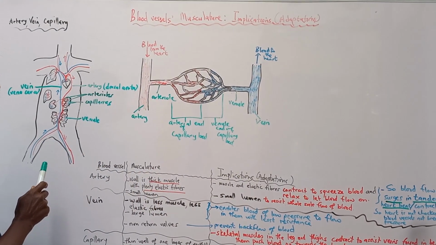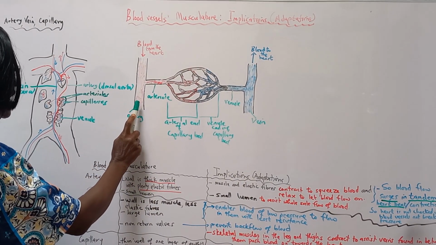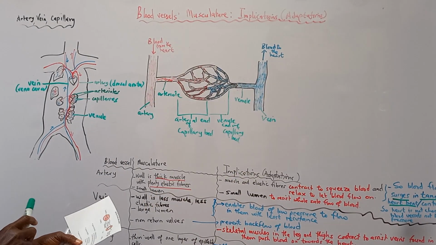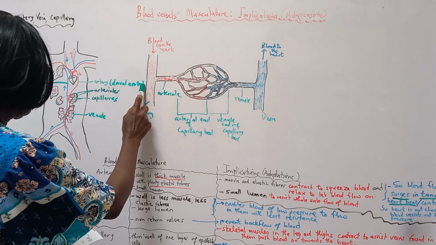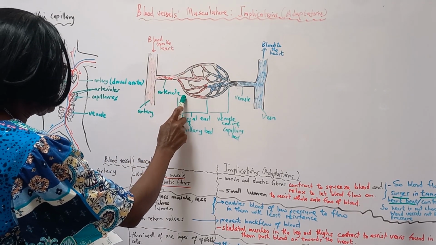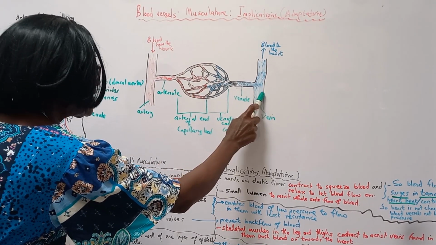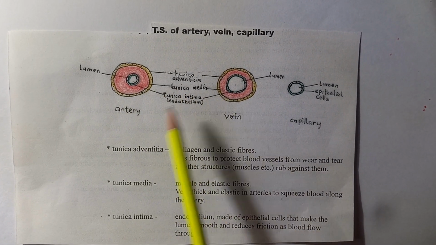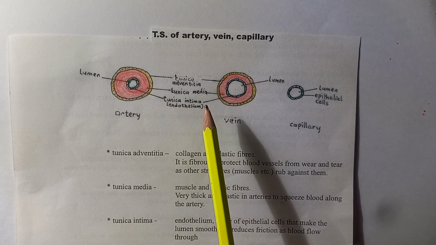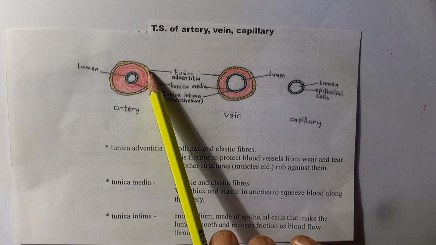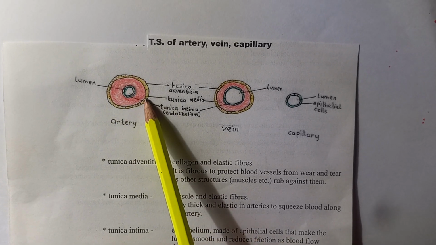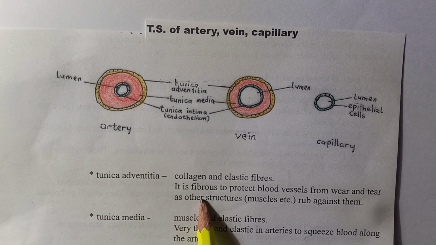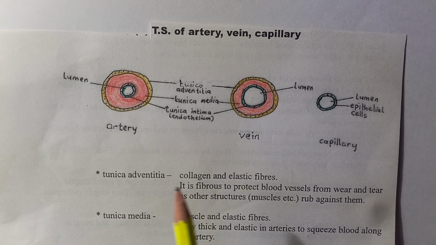In today's lesson, we are concentrating on the artery, capillary, and the vein. We'll look at a TS, a section through an artery, then a section through the capillary, and a section through a vein. You see an artery, vein, capillaries. The artery and the veins have this tunica adventitia, that's collagen and elastic fibers that are tough and fibrous and protect the blood vessels.